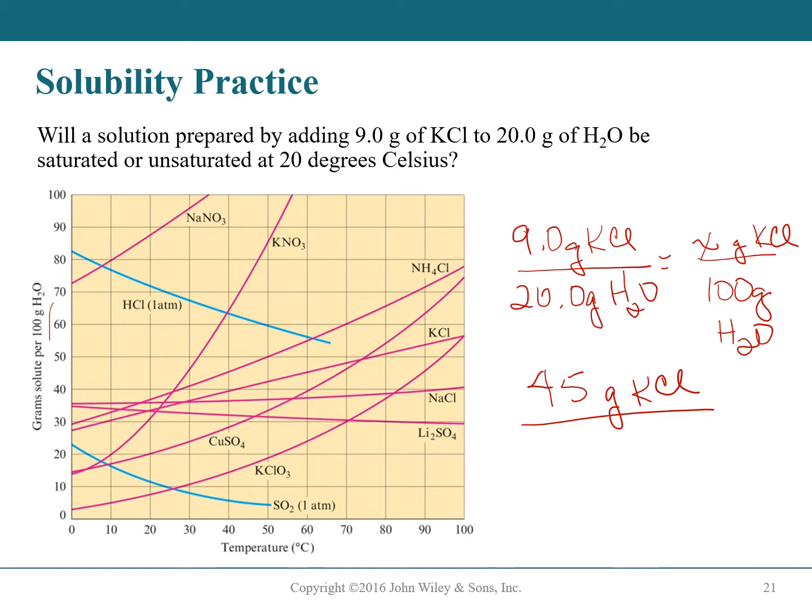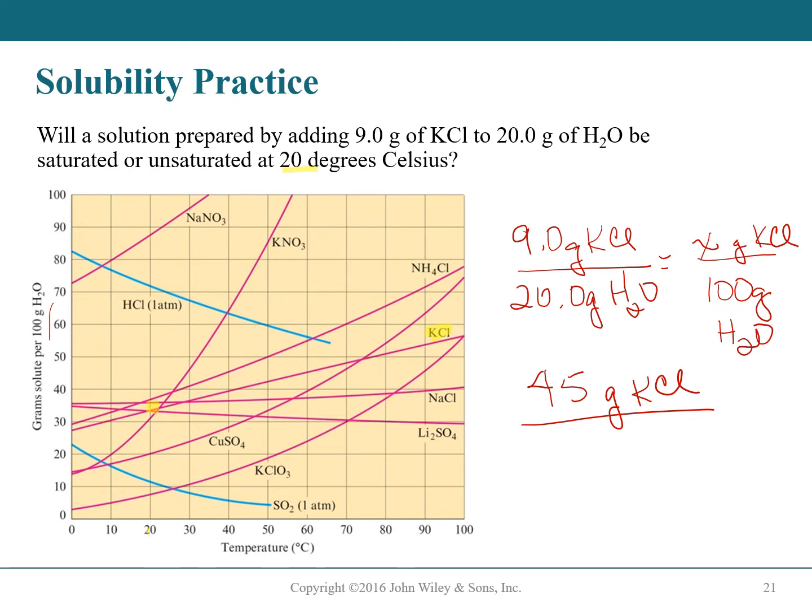Now we look at the graph and we say, here is 20 degrees, and that's what we're looking at. So at 20 degrees, and let's find my graph. This graph right here is potassium chloride. So I'll go up, go all the way to potassium chloride, and look at where the amount is. About 35 grams.